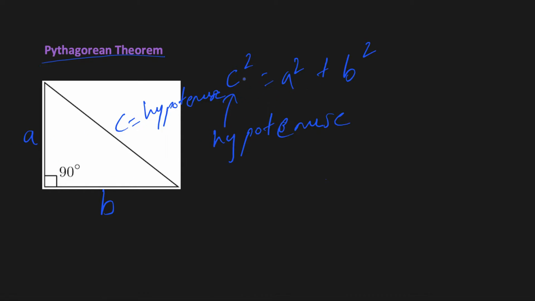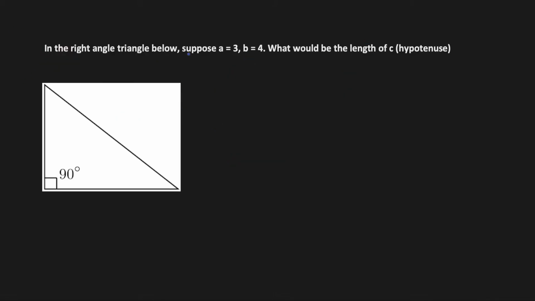And at the end, we will use some special cases for a right angle triangle, so that if we know two sides, rather than always solving via an example, we can just memorize those special cases and we'll know what the third side should be. Okay, so let's look at our first example.